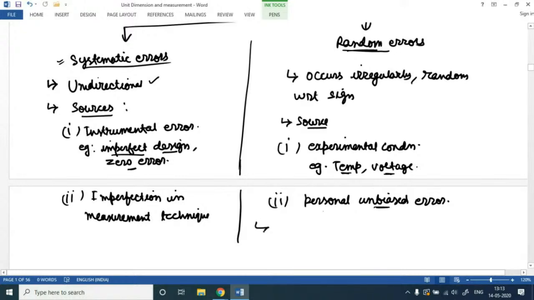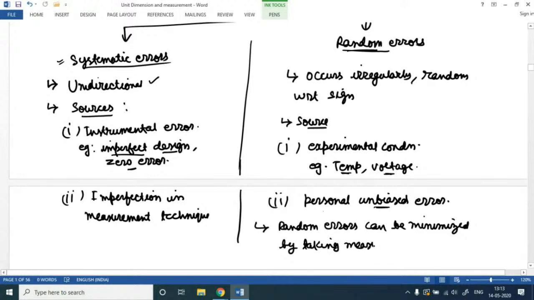So one important thing about random errors is that they can be minimized by taking measurements several times, that is, by increasing the number of measurements.